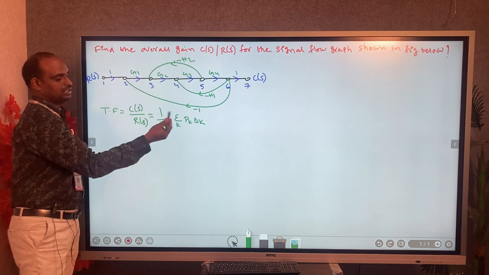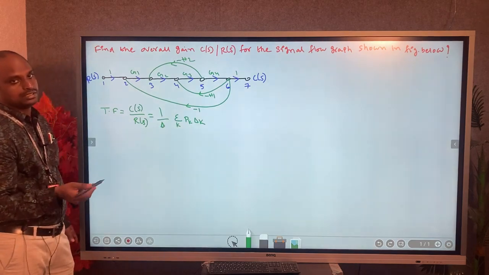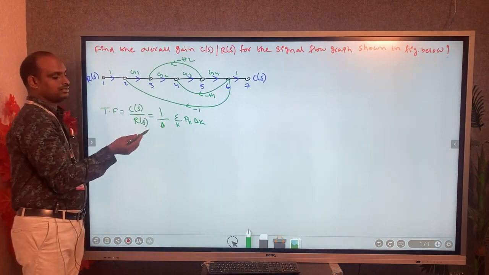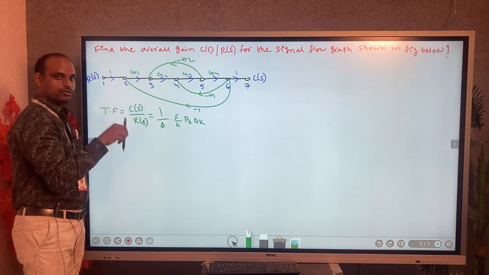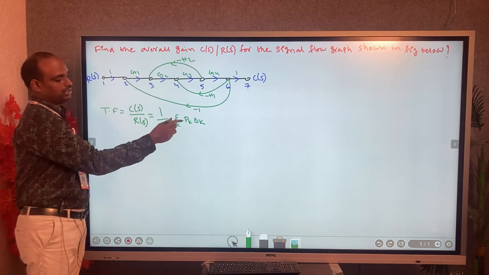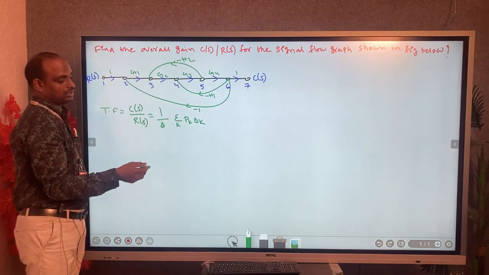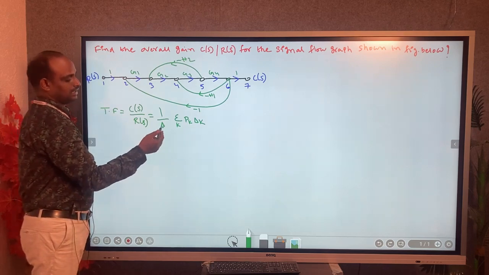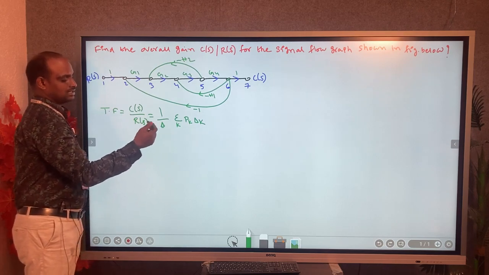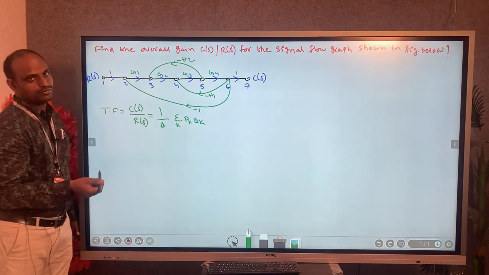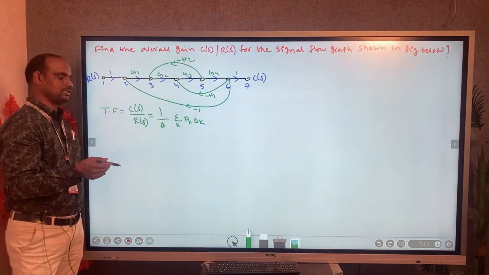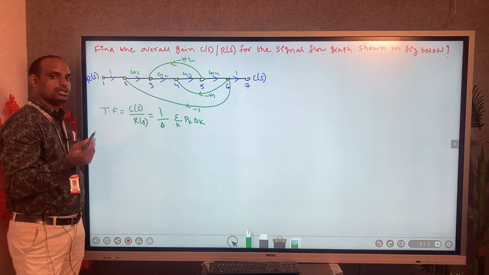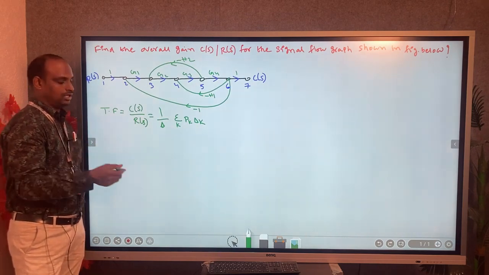So what is Pk? Pk is the forward path gain of the kth forward path. For example, P1 indicates the forward path gain of the first forward path, and P2 indicates the forward path gain of the second forward path. Similarly delta is given by 1 minus the sum of individual loop gains plus the sum of gain products of two non-touching loops, and so on.